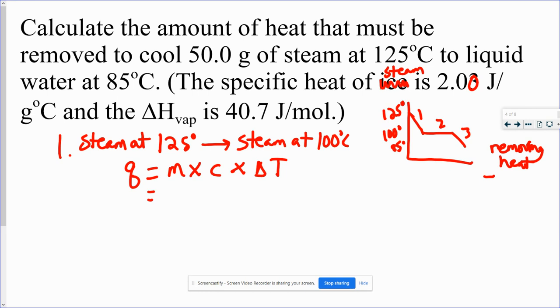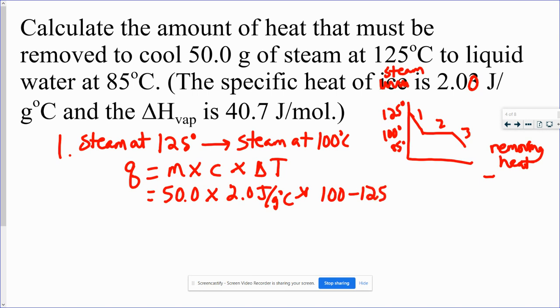So we have 50 grams again times the specific heat of steam, which is I'm going to use joules per gram degree Celsius. And then the change in temperature, it's going from 125 to 100. So final minus initial is 100 minus 125.